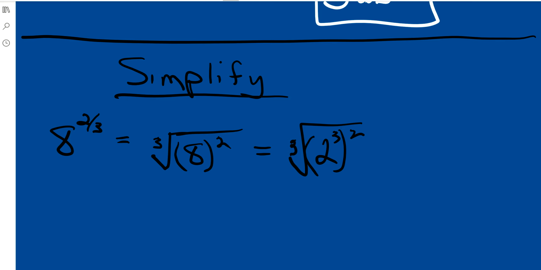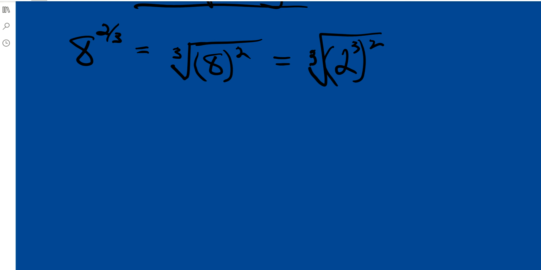Well, I'm answering it first of all. So this is going to simplify to be 2 to the 2nd power. But ultimately then, oops, I did it again. I'm doing the example. So ultimately this ends up being 4.